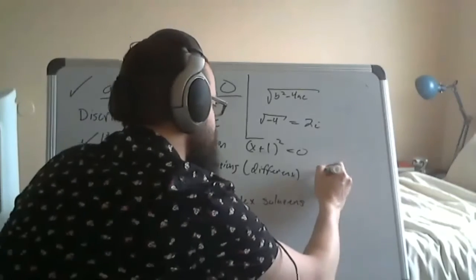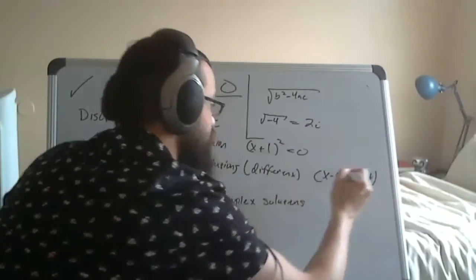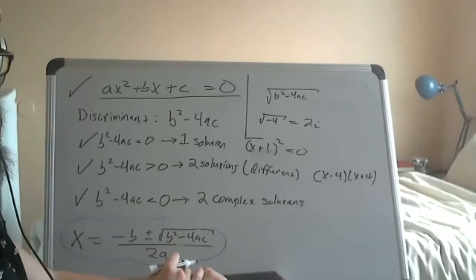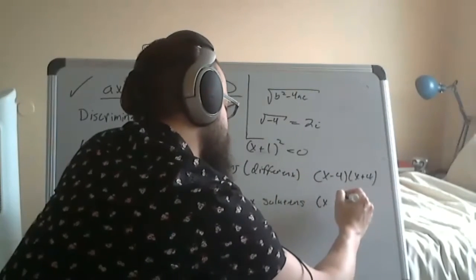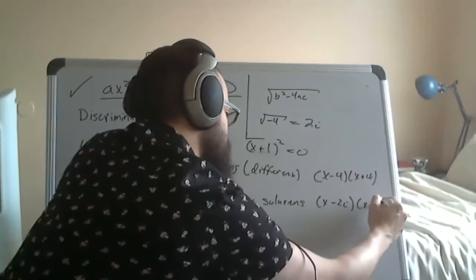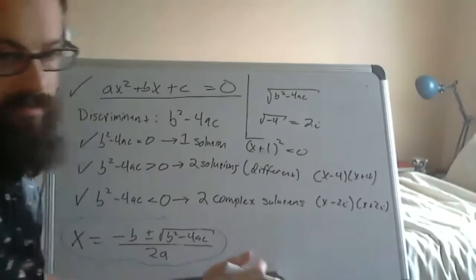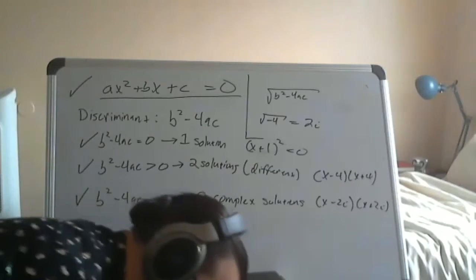Otherwise, you can get two solutions, like x minus 4 times x plus 4, or two complex solutions, where you have something like x minus 2i, x plus 2i. And that's it.